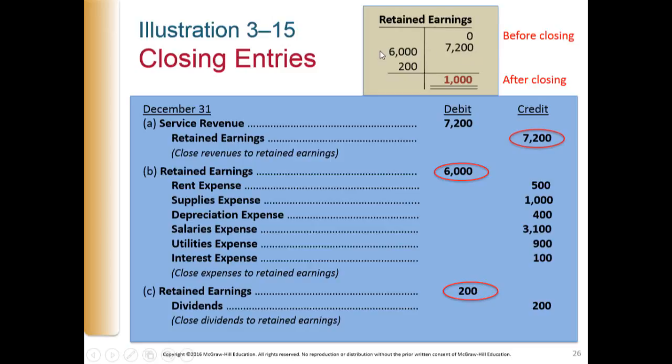Expenses are in the debit side of this equity account, so it's causing this equity account to decrease, which does make sense. Expenses should cause our equity to drop. And dividends the same way. If we're paying dividends out, we're decreasing the equity that remains in the company, so that causes this equity account, or capital account, if you want to call it that, to decrease.